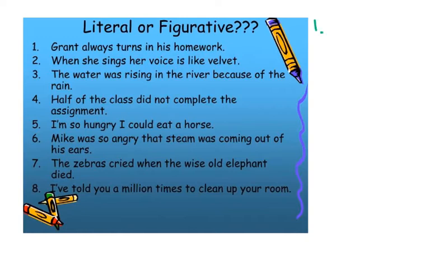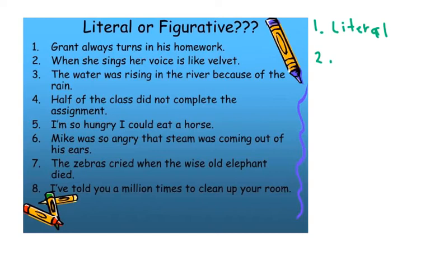So number 1, Grant always turns in his homework. I would have to say that's literal. He turns in his homework every day, probably has an A. So we'll give that a literal. Number 2, when she sings, her voice is like velvet. Well, can a voice really be like velvet?